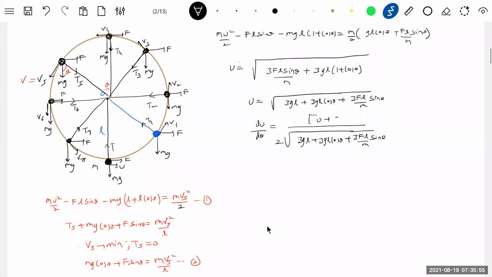Then above 0, minus 3gl sin theta plus cos theta, equating this to 0. Tan theta is equal to F by mg. So the value of F will determine what the value of theta should be.